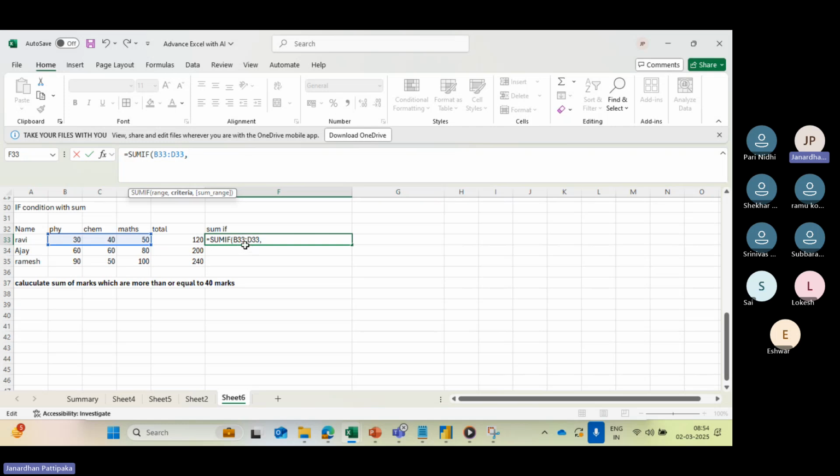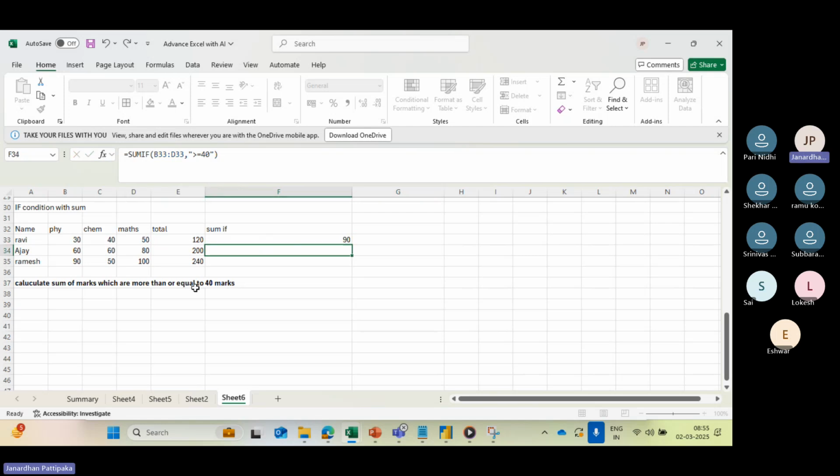After that, SUMIF will ask you the condition. I want to calculate the sum of the marks greater than or equal to 40, so you need to mention that condition. Since you are typing it manually, you need to put it in double quotation marks: greater than or equal to 40, then close the quotation and close the bracket.